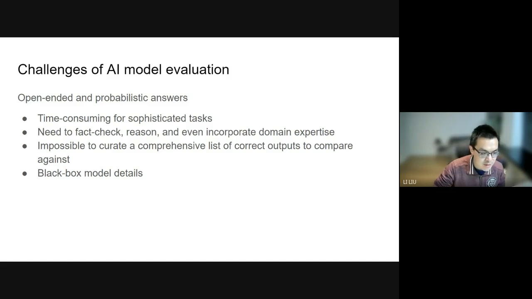Another reason is the black box model details. Usually the models we use are proprietary, like those from OpenAI or Gemini, so we don't really know a lot about the model architecture, training data, or other information inside the model to evaluate whether the response is good or not.